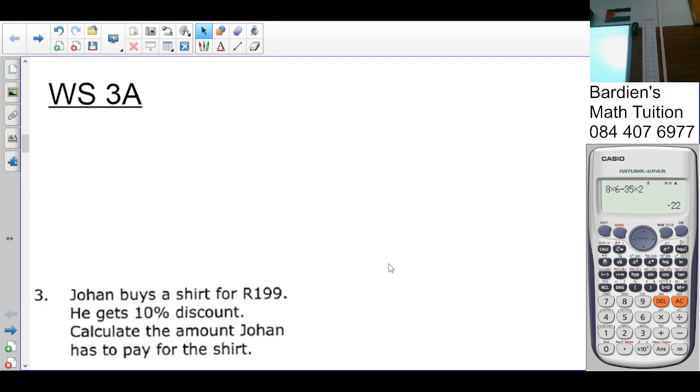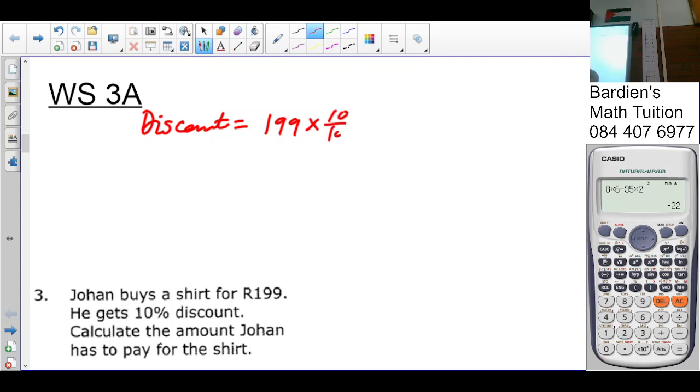So to calculate the discount, we're going to say the cost price times your percentage. So it's going to be your cost, which is 199 Rand, multiplied by 10%, so it's 10 over 100.